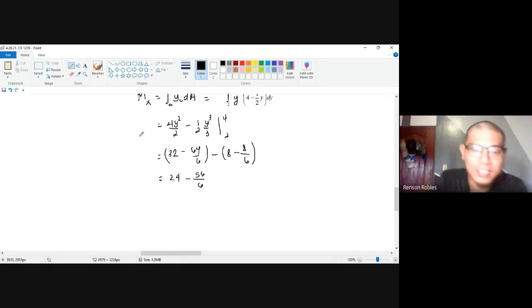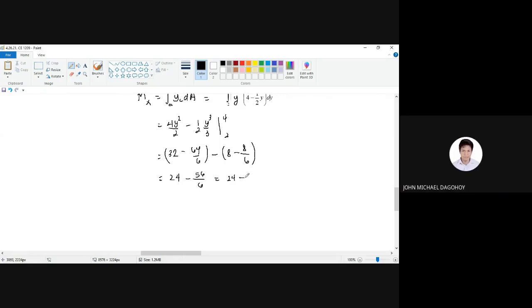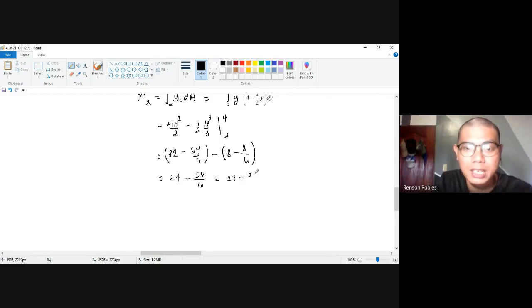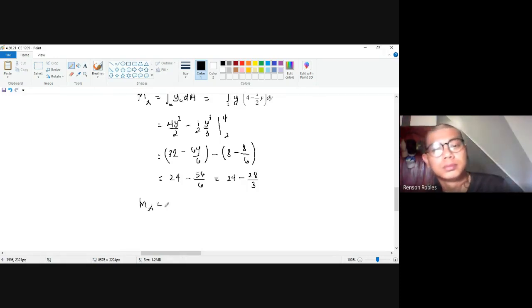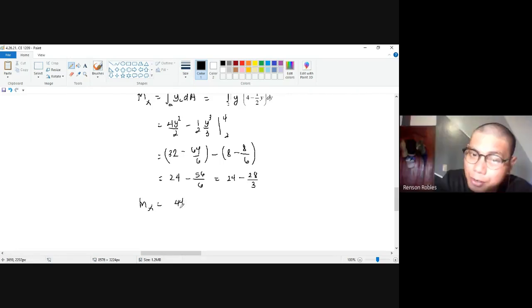Then we reduce to lowest terms to make it faster. 24 minus 28 over 3, divided by 2. What is the result, Mx? 44 over 3.